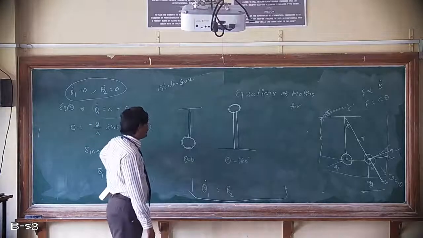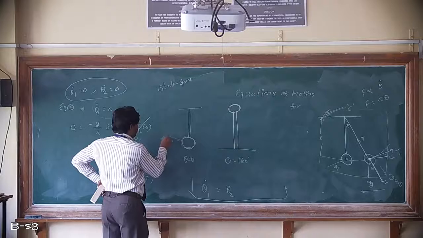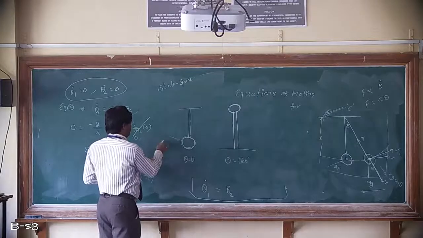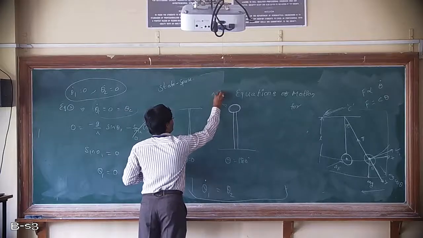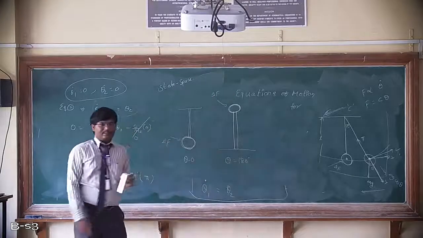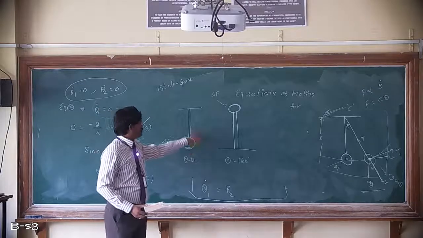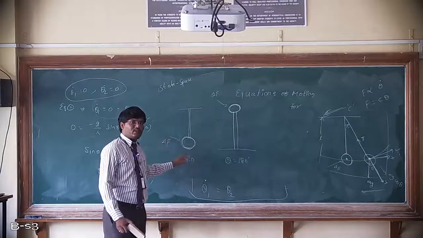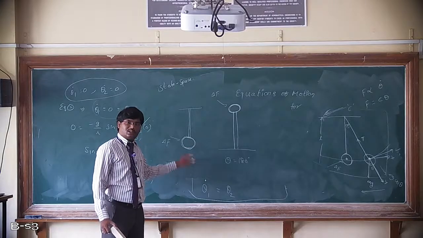What will happen if you apply a small force delta F here, and you apply delta F here? Here, this fellow will oscillate in a to and fro motion, and finally come to the original equilibrium position, the same position.